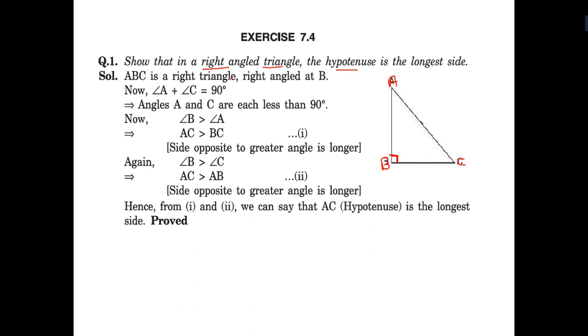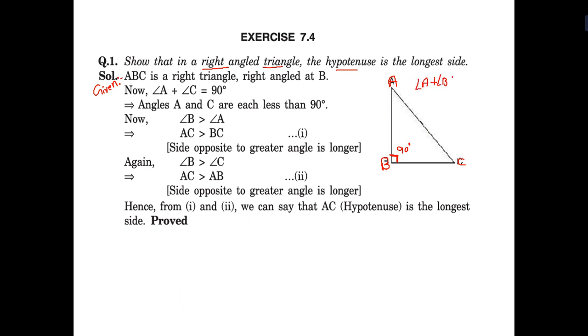Solution: ABC is a right triangle with right angle at B. So that is given. When it is 90 degrees, it means the sum of the other two angles is 90 degrees. Angles A and C are each less than 90 because here it is 90 degrees.